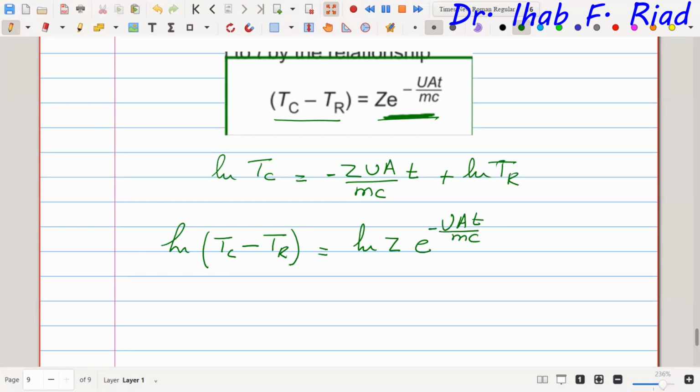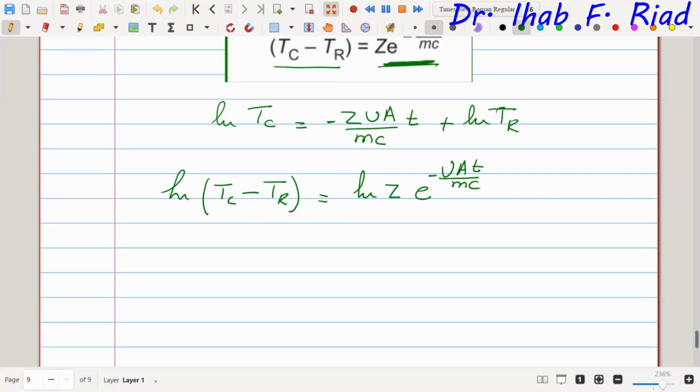Right. Now, let us have a look at this side. It is ln Z times the exponential, right? Yes.